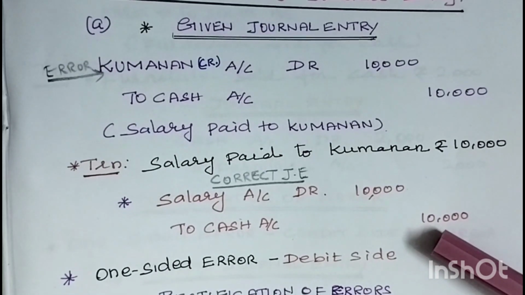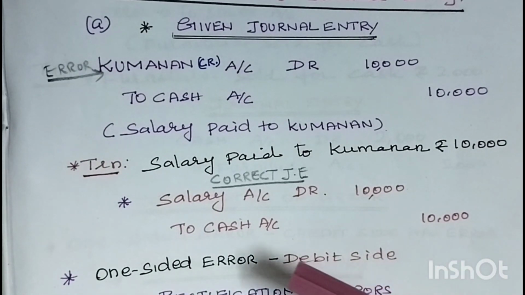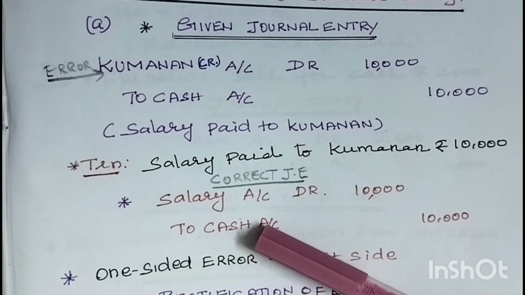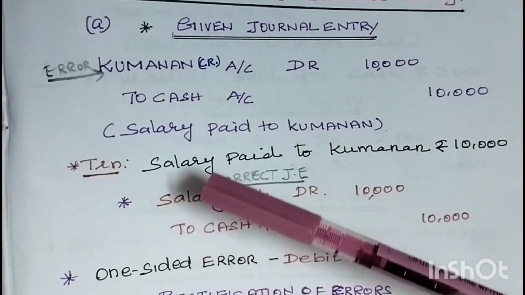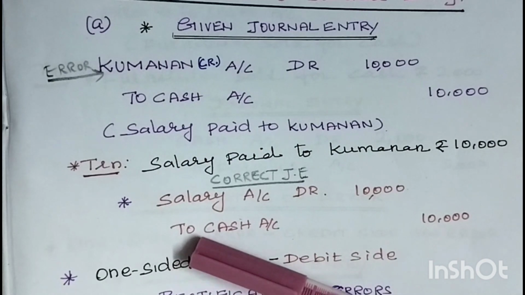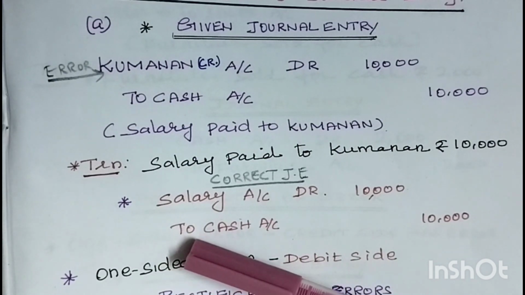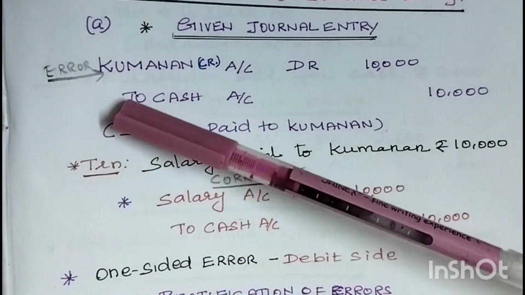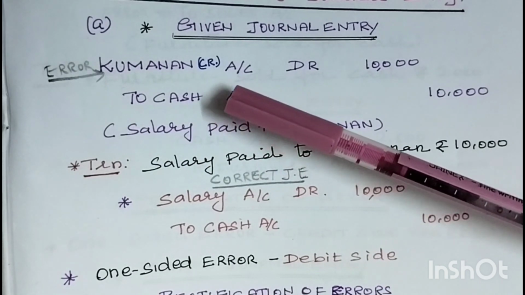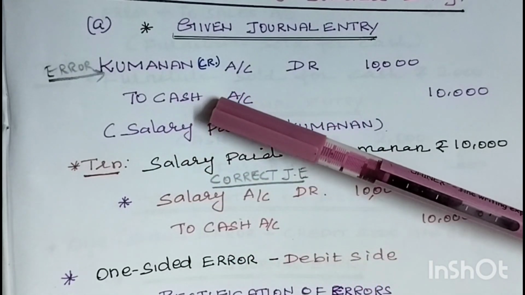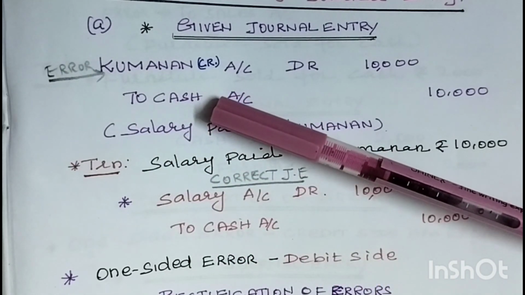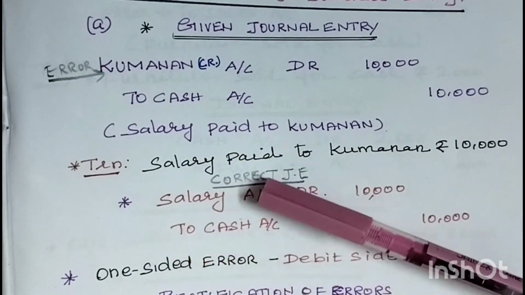So, can you say where the error is? Credit side or debit side? Let's see the credit side, to cash account. So the credit side has no error. The error is on the debit side.